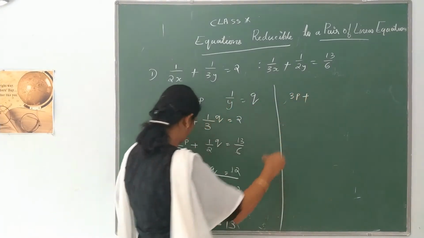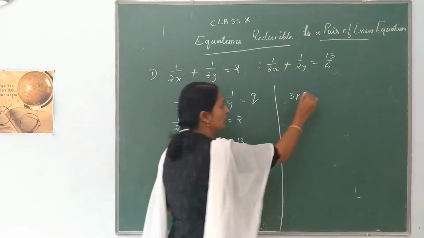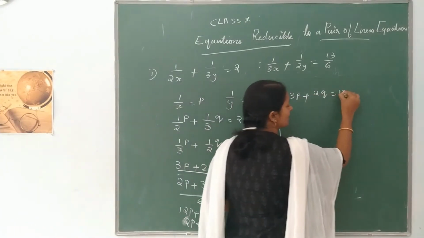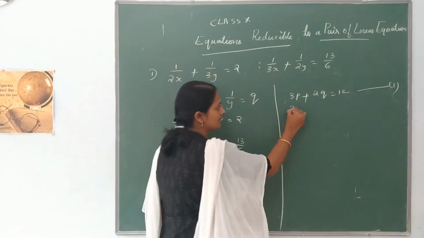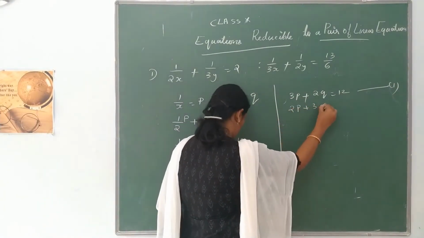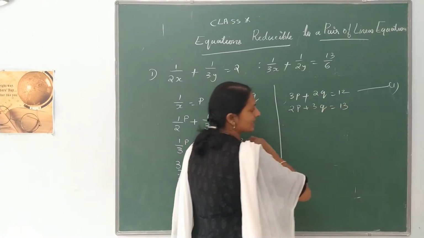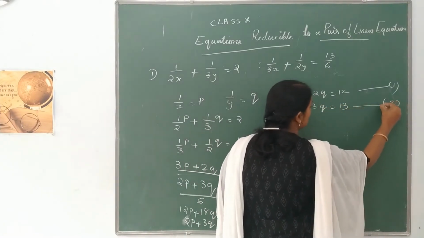Then consider 3p plus 2q is equal to 12 as equation number 1 and 2p plus 3q is equal to 13 as equation number 2.